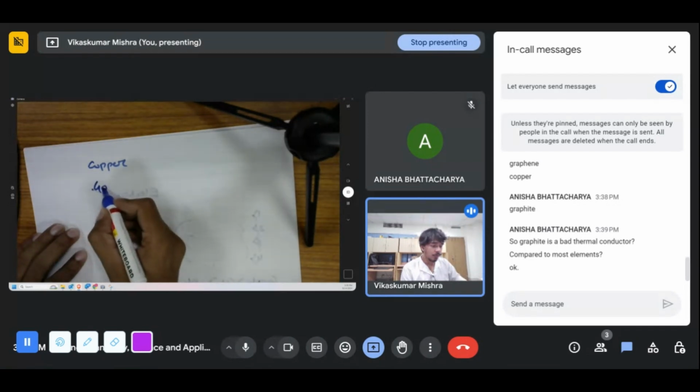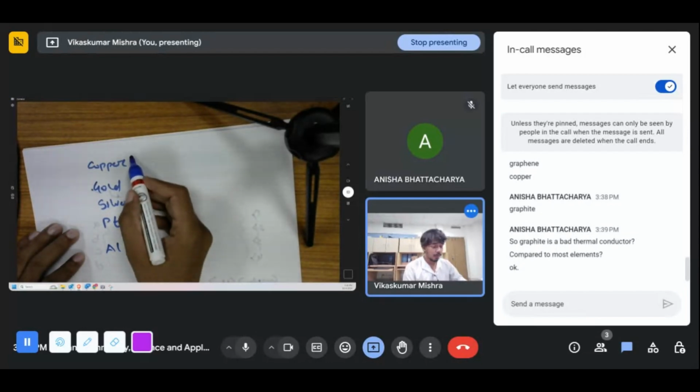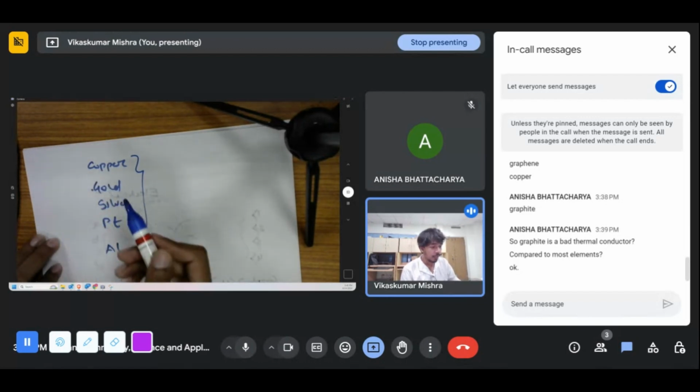Let's say we are having the copper, gold, silver, platinum, and let's take aluminium also. Let us say we have to arrange them. Oh, their names are different.